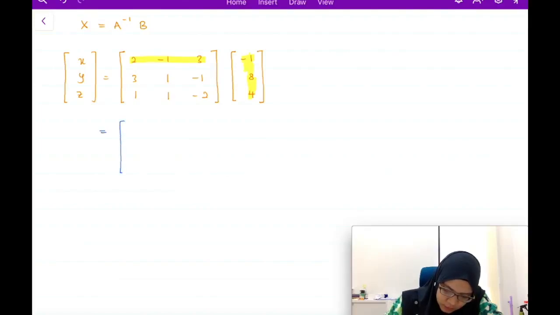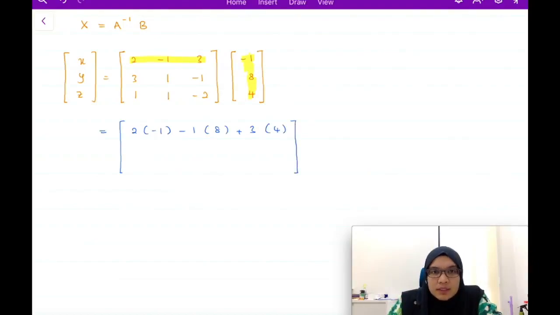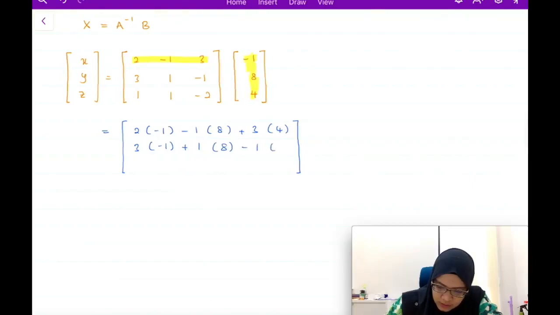So we have 2 times negative 1, minus 1 times 8, plus 3 times 4. We do the same for the second row: 3 times negative 1, plus 1 times 8, minus 1 times 4. And lastly, 1 times negative 1, plus 1 times 8, minus 2 times 4.